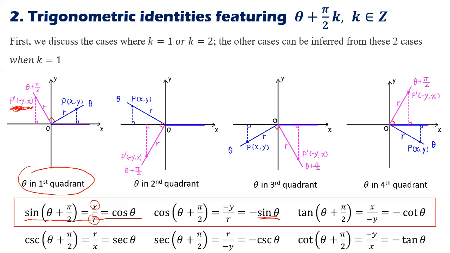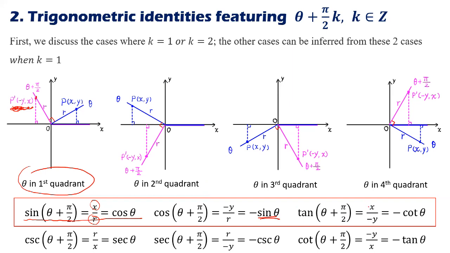Okay, so following the same method, you can also prove that tangent theta plus half pi equals x over minus y, right? Let's consider theta plus half pi here. According to the definition, tangent theta plus half pi equals the y coordinate over x coordinate.